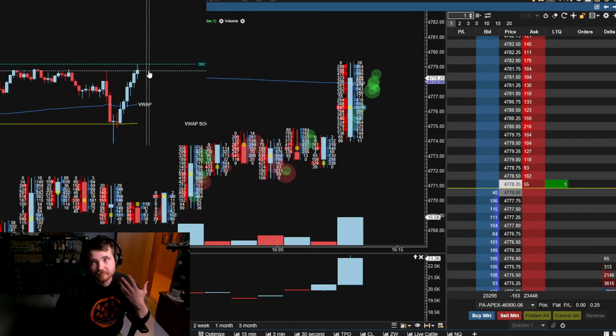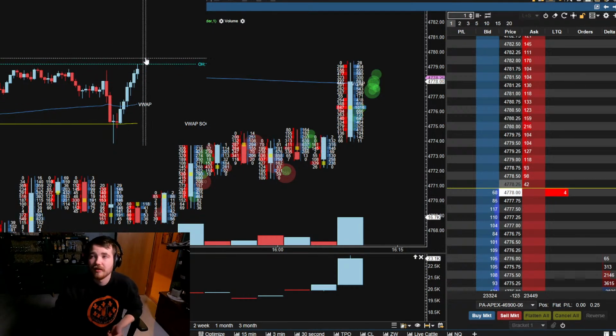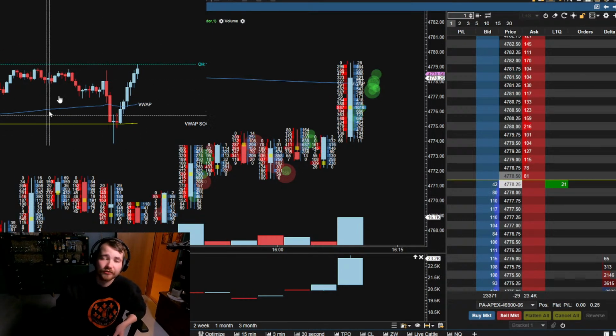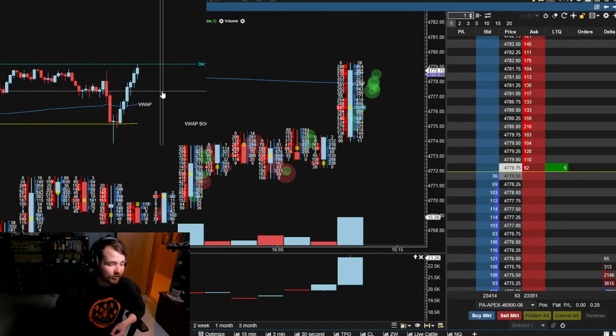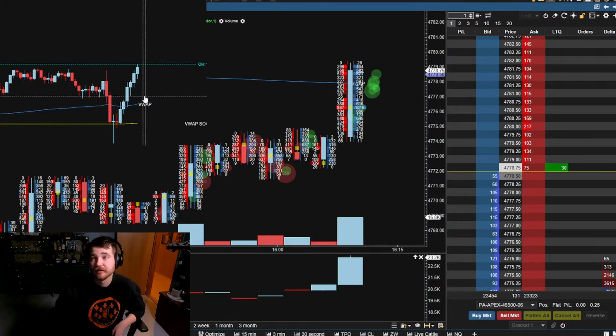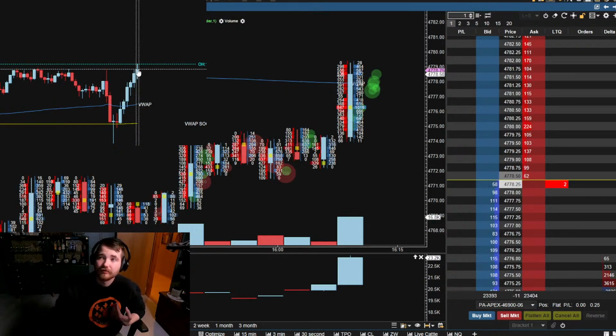So I feel like I want a direction first, because a lot of times in the open it just tends to chop, and a very volatile chopping. I know some guys might like that and like to trade it, but not me. So I wanna first get some kind of confirmation that we have a direction we are actually moving towards.